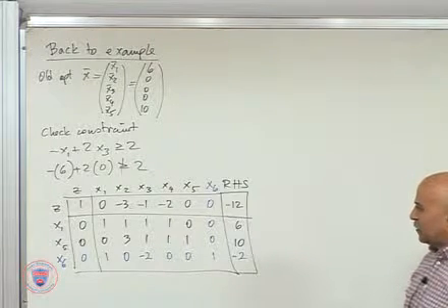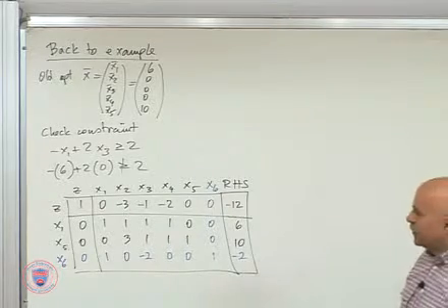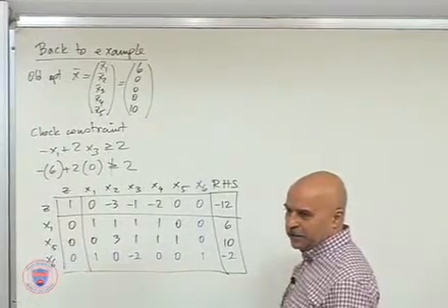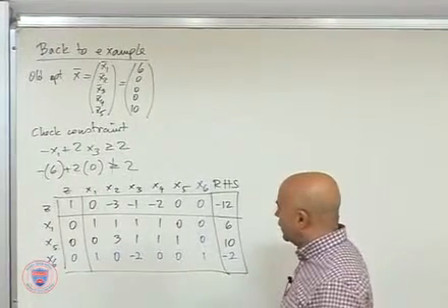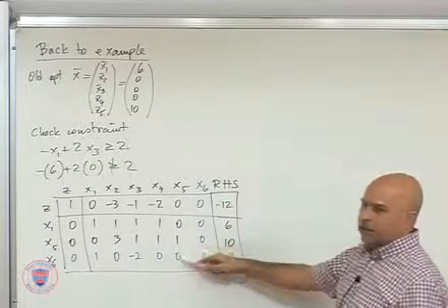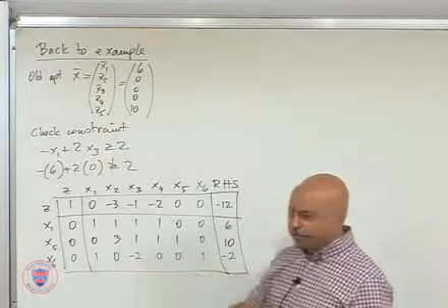There's only one problem with this tableau. What is that problem? x1 is supposed to have a unit vector, but it doesn't. See, you need to revise these things. Also, x5 must also have a unit vector. Well, it does, unfortunately. So you need to get rid of this 1 here.